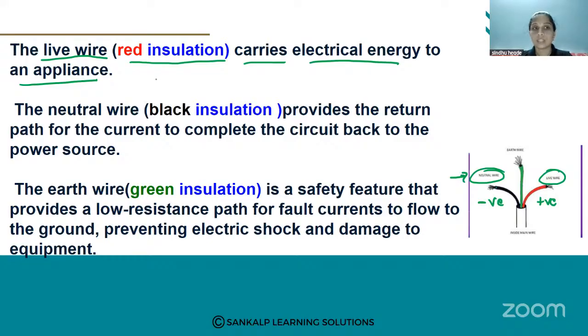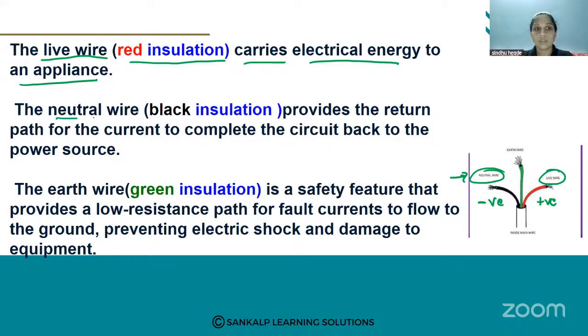Okay, that is the working of the live wire. From the main circuit, electrical energy must be supplied to different devices. Which wire supplies that energy? This live wire supplies electrical energy to the appliances. So this is the working.